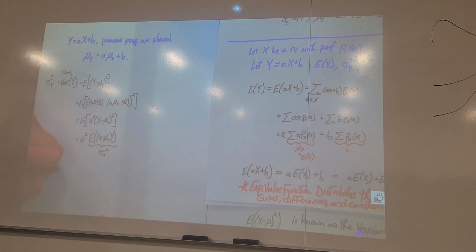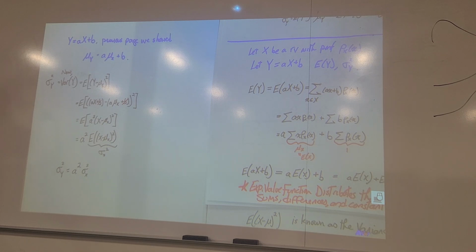So the variance of y is a squared times the variance of x. Interesting.